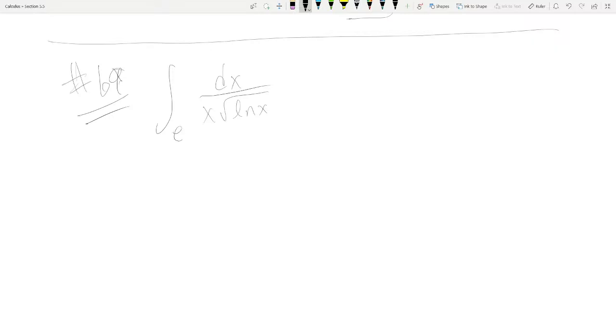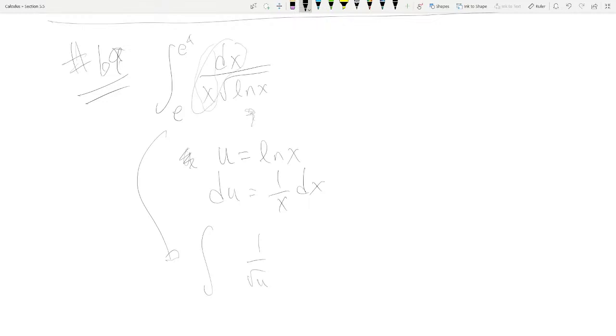Okay, this is from e to the fourth. Now when I look at this, I have over x left over, and I've got it right here. That's equal to du, so it's a perfect substitution. Let's do the bounds. When x, the lower bound is 1, when x equals e to the fourth, u equals ln e to the fourth.